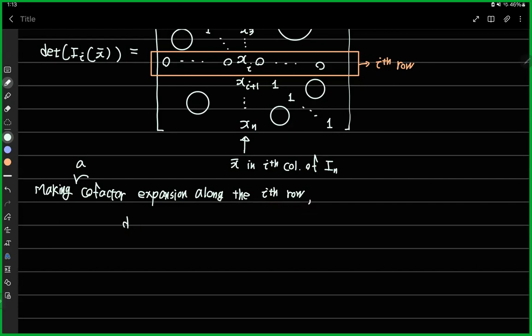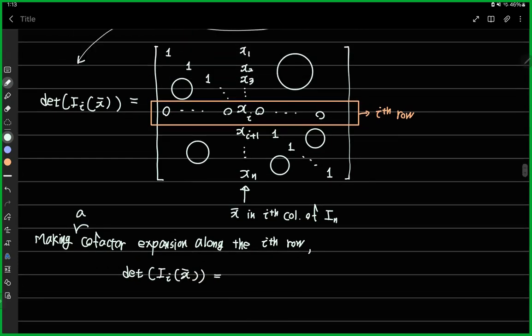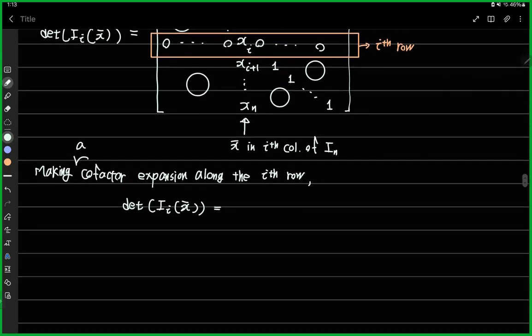Then the determinant of I sub I of x bar is equal to what? What's the cofactor expansion? Anyone can tell the formula of cofactor expansion?